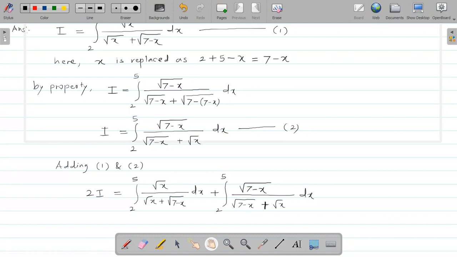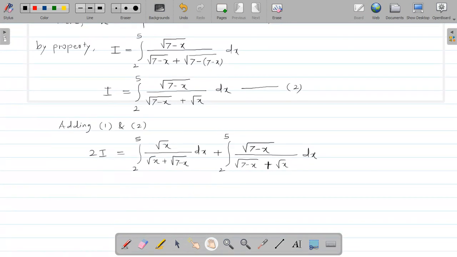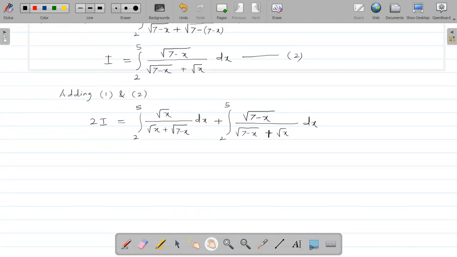So just add both integrations. Now if you observe this carefully, you will get the idea. The integration is common here, it is integration from 2 to 5. Now see the denominator of both integrations. The denominator is the same: here it is root x plus root 7 minus x, and here it is root of 7 minus x plus root x.